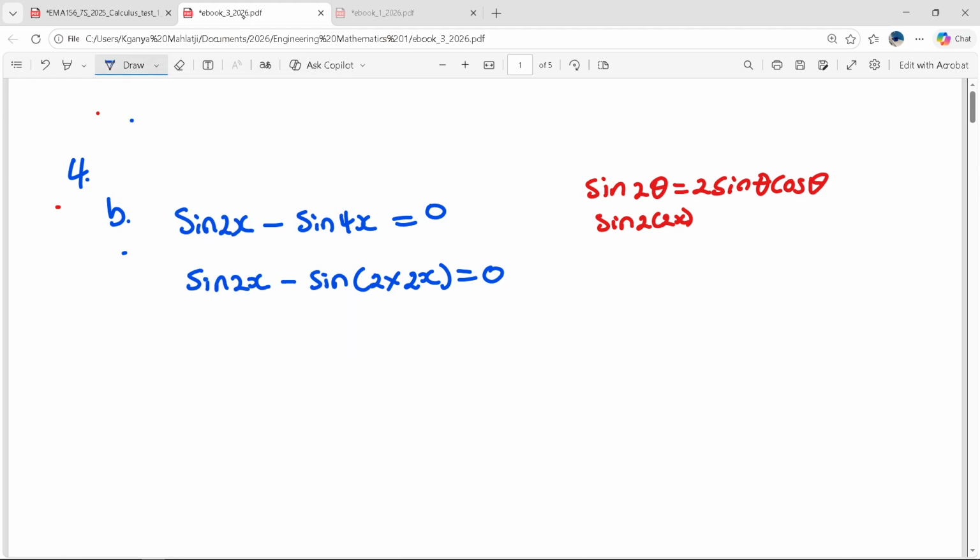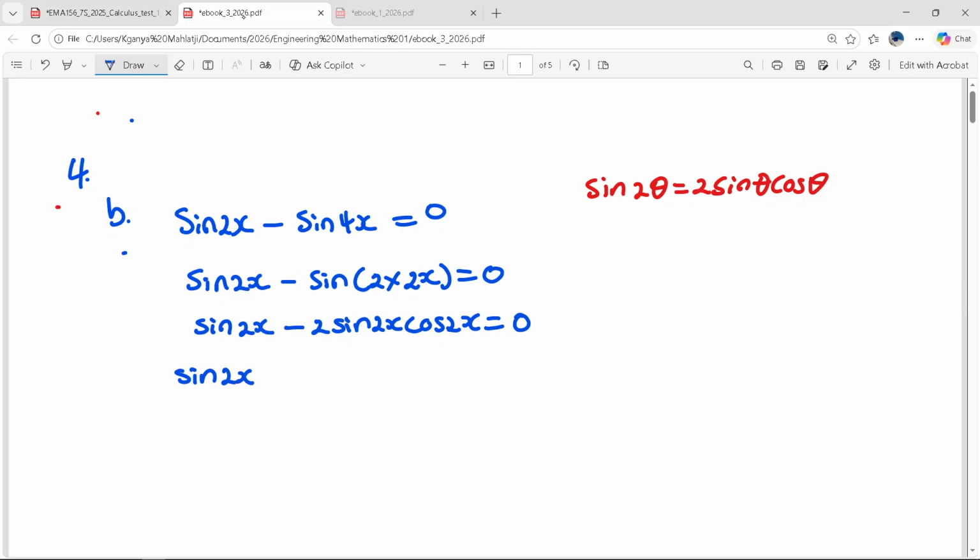I can just erase this one here, since we'll be working with it. You will have sine 2x minus 2 sine 2x cos 2x equals 0. From this equation we can see that our common factor is sine 2x.